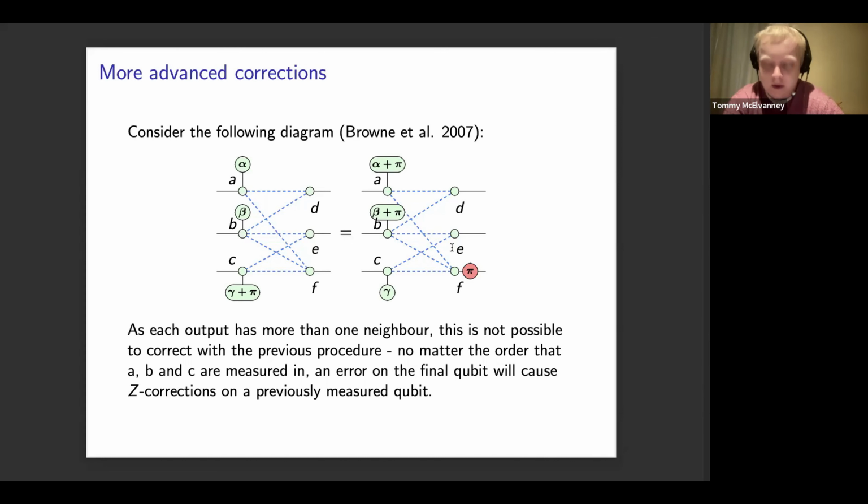Explicitly, the only XY measured vertex to appear in an XY measured vertex's own odd neighborhood is that vertex itself. So other XY vertices can only appear in correction sets. This corresponds to whenever we see a green pi, we just keep pushing it forwards onto outputs. And so, yeah, that's one way I've thought about these things.